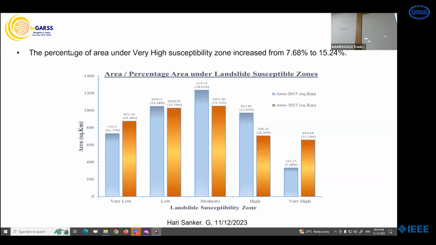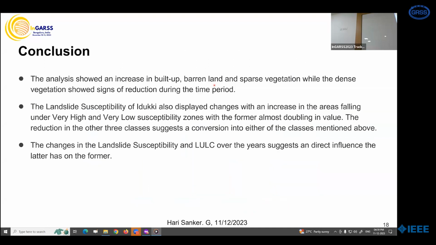The analysis showed an increase in built-up areas, barren land and sparse vegetation, while the dense vegetation showed signs of reduction. The landslide susceptibility of Uttarakhand also displayed changes, with an increase in the areas falling under the very high and very low susceptibility zones, the very high zone being almost double the original value.